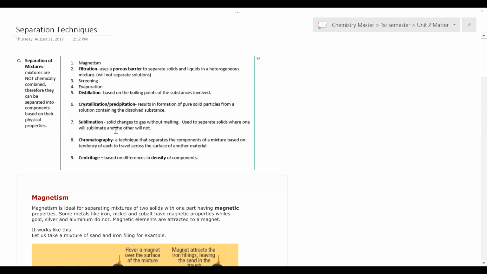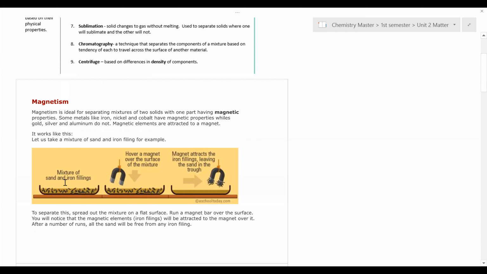So let me share my screen. We can talk about magnetism for a second, okay? Making sure you see what I see. There we go. So one of our first separation techniques is magnetism, okay? On this picture here, there's some sand and there's some iron filings in there. You can find iron filings, or like buckshot.